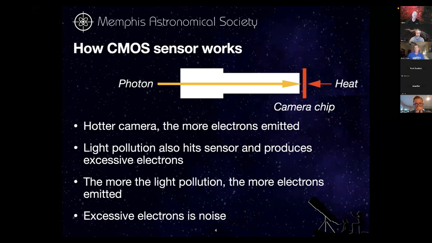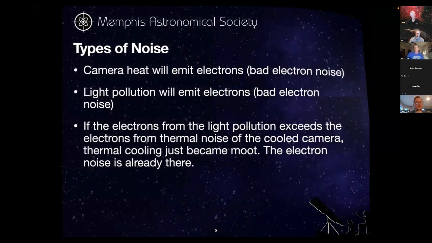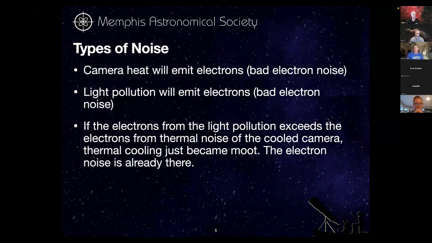So astrophotographers, we like a really good signal to noise ratio, and it's good to know where your noise comes from and how to prevent it. What Dr. Glover said is, if the electrons from the light pollution exceed the electrons from how your camera can cool, then it's moot. It does no good to cool your camera if the light pollution is already messing with your image.